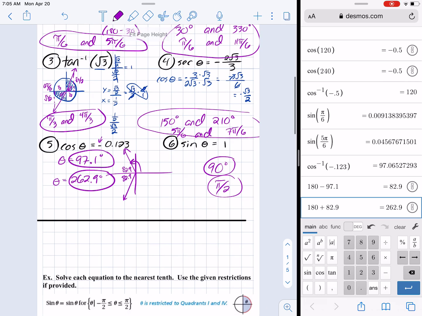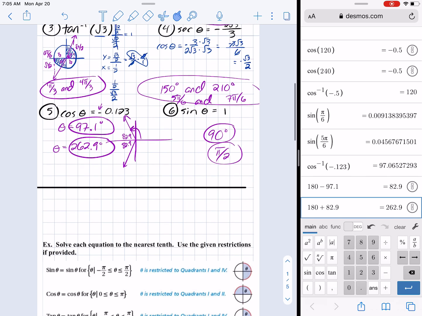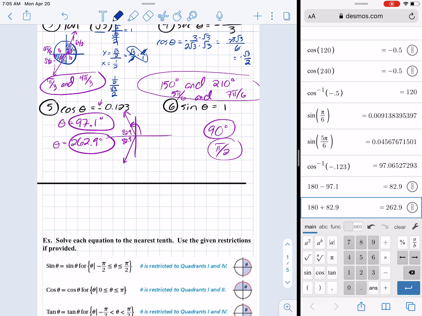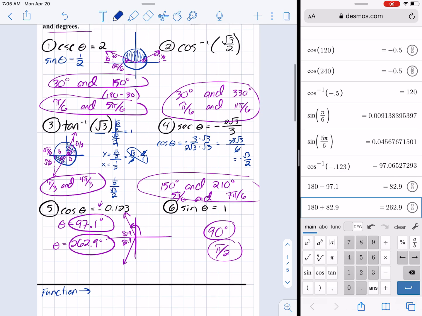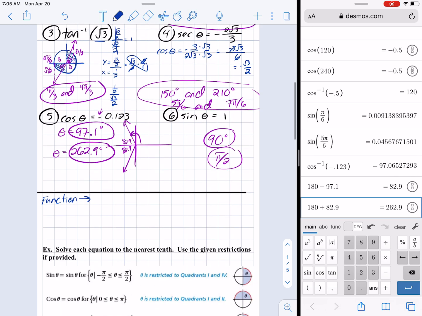Okay, if you guys have questions on these, ones that I didn't go over, we can answer them during our office hours. Okay, that's really it for this lesson. The one thing I want to finish up with is just a quick revisit on what our definition of a function is. Because there's one problem with every single answer we've been solving for in numbers 1 through 6.